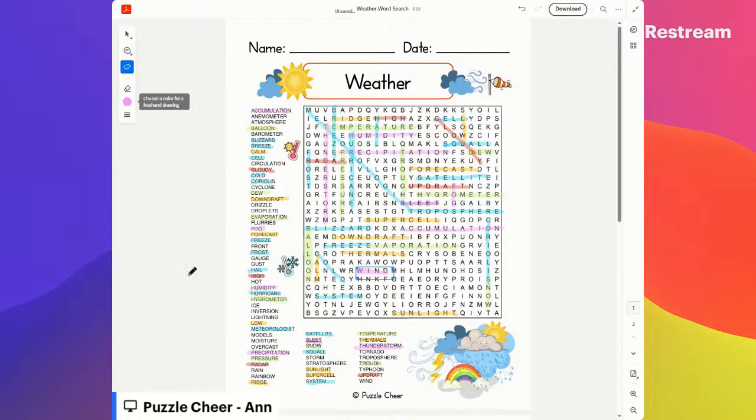W-I-N-D, wind. Let's see. Drizzle has 2 Z's. I wonder if I can find that.